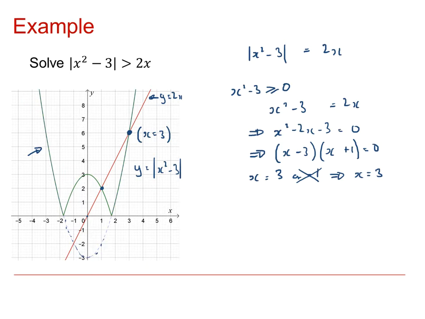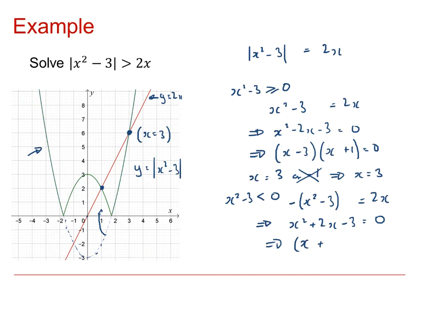If we're using a portion of the graph which has been reflected, as for the second point there, then we know that x squared minus 3 is less than 0, and therefore we need to take the negative of the function, so minus of x squared minus 3, and that will be equal to 2x. So this time our quadratic is x squared plus 2x minus 3 equal to 0, and that factorizes with factors x plus 3 and x minus 1.